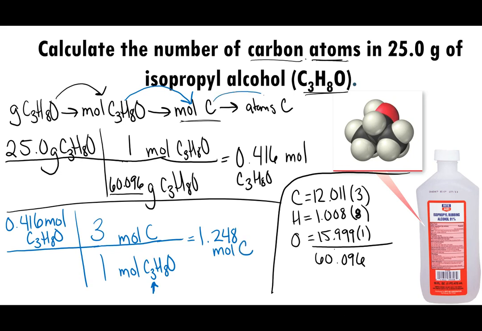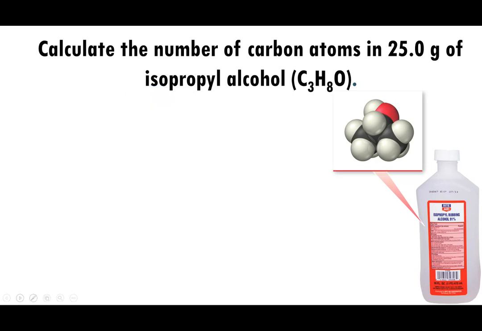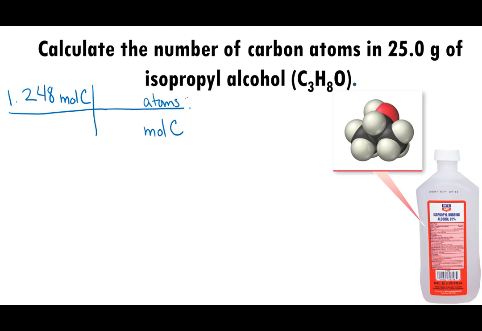Now we got to take this final step from moles of individual carbon to atoms of carbon. So 1.248 moles of carbon. Train track it. Moles of carbon go on the bottom. Atoms of carbon go on the top.